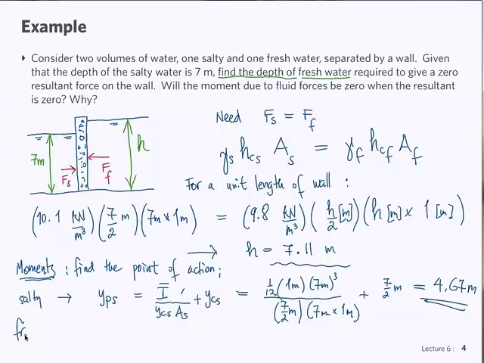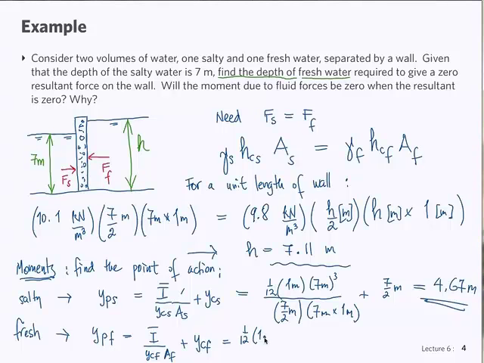On the fresh side, I can do the exact same thing and find yp, the center of pressure of the fresh side, equals the same equation: area moment divided by yc fresh times area fresh, plus yc fresh.